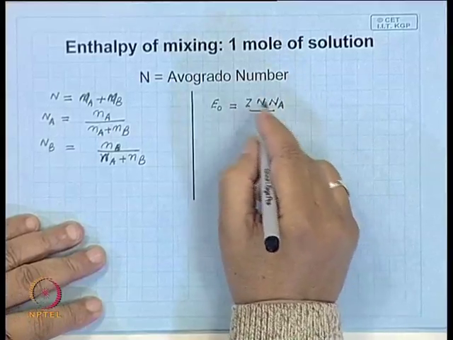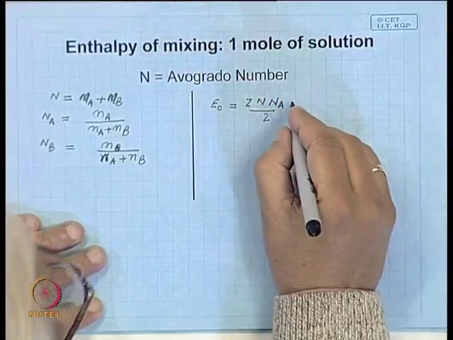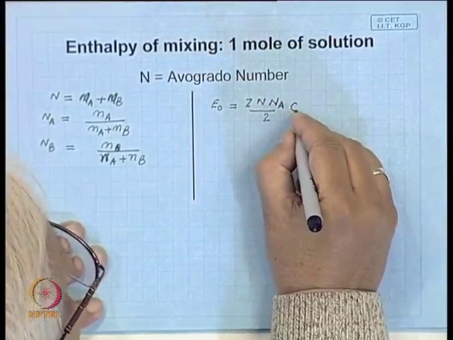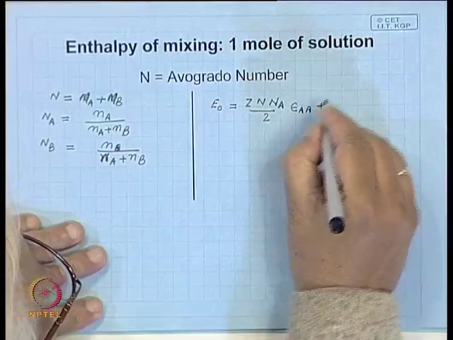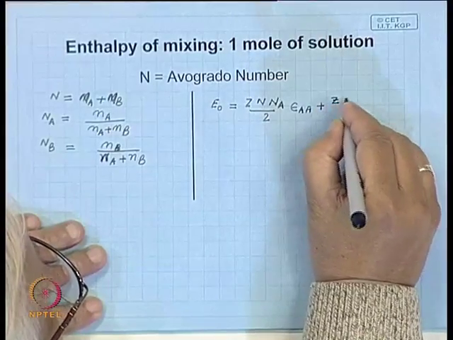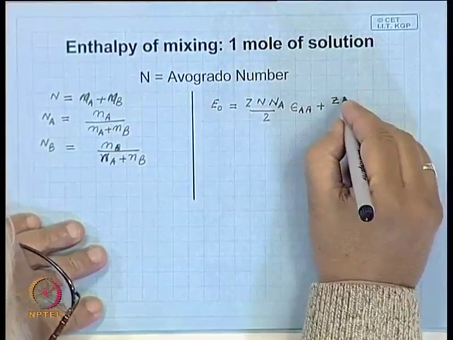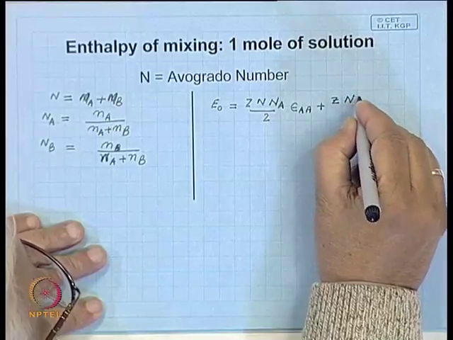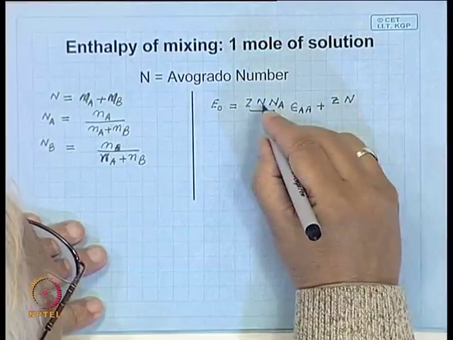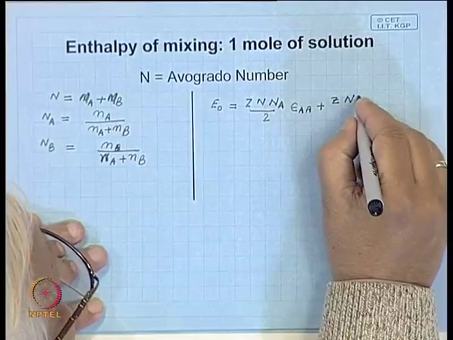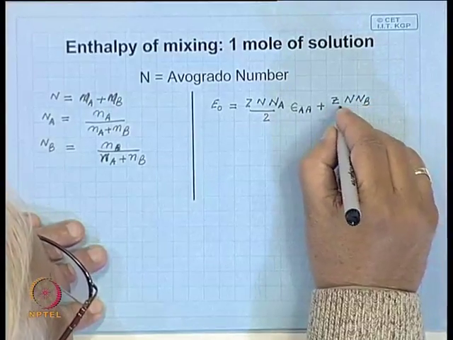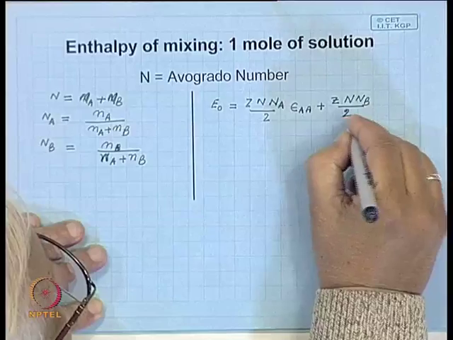This is the number of bonds of type AA, and this energy is epsilon AA. Similarly, you can do it for the BB type of bond, so this is Nb divided by 2.